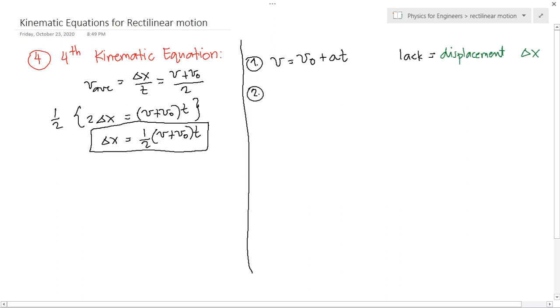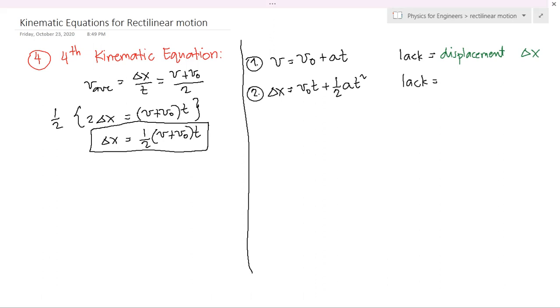How about for the second kinematic equation? So for the second, we have delta x equals v naught t plus 1/2 a t squared. So yung locking dito na variable is, we don't have any final velocity. So final velocity yung wala.